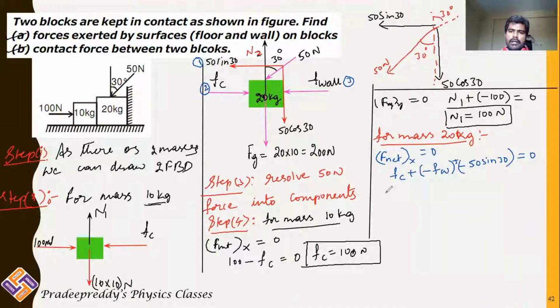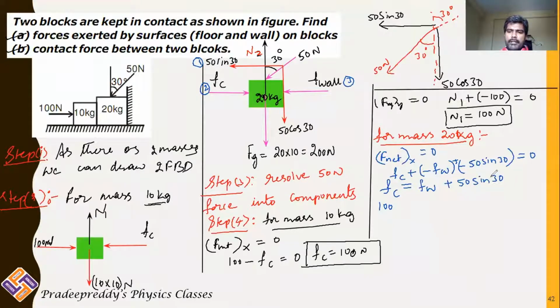This gives you contact force is equal to wall force plus 50 sin 30. Right? What is contact force obtained in equation 1? From the first free body diagram, we have got contact force is equal to 100.